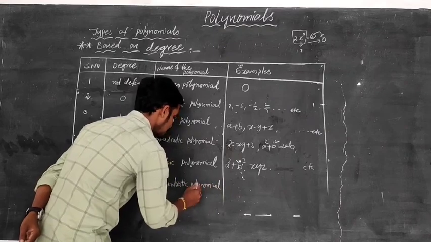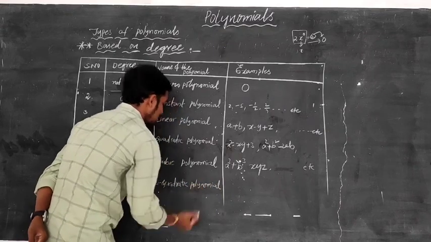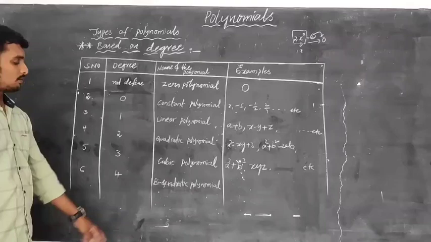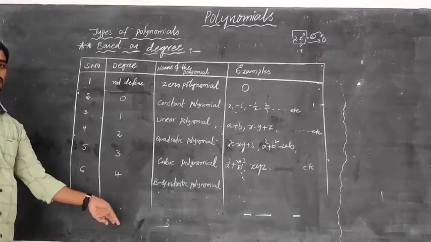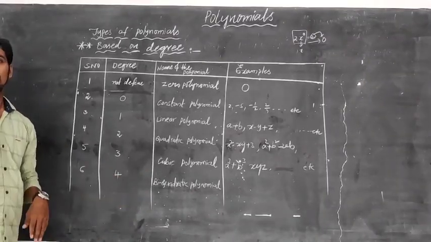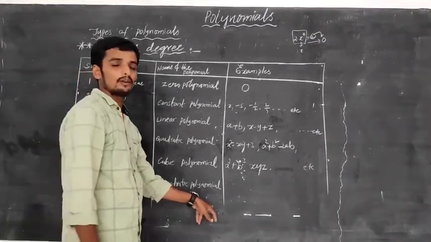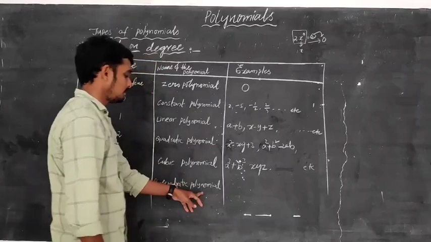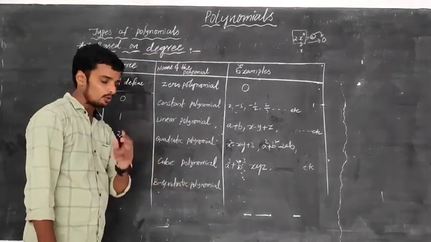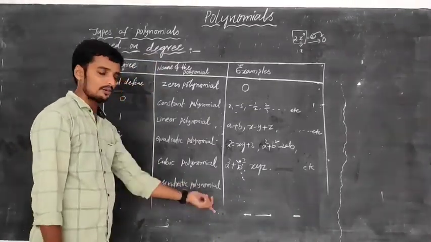Are you okay, my dear students? So keep in your mind, quadratic 2, bi 2, 2 plus 2 is 4. That's it.